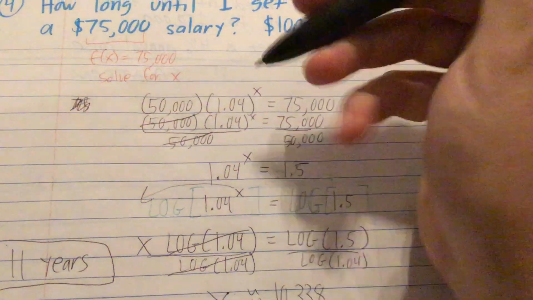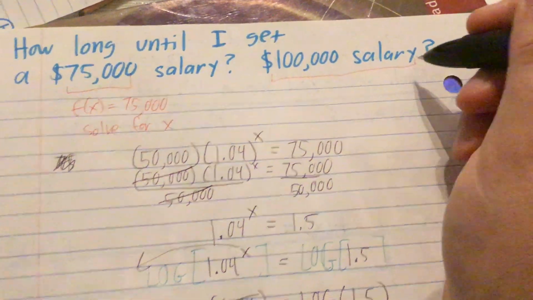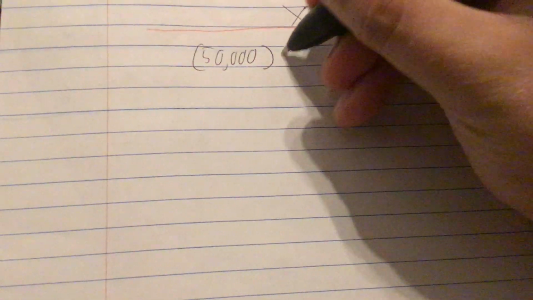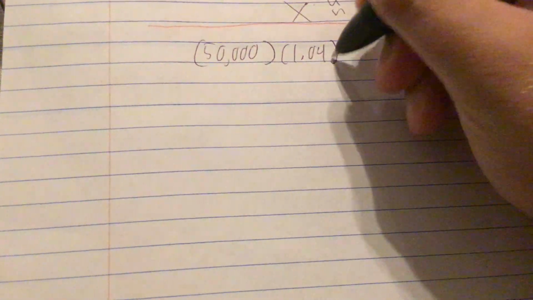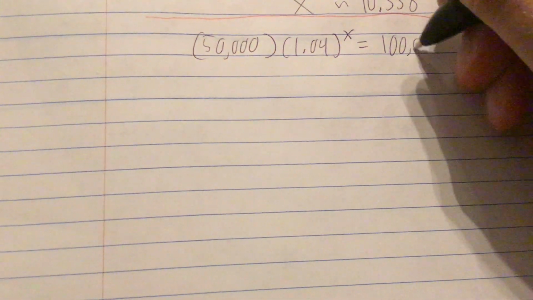And by that logic, let's figure out how long until I get $100,000, because I'm curious. If you stick around at the same old job. I'm going to put a little line right there just to separate them. So what you do yet again is you set $50,000 times 1.04 to the x power is equal to 100 grand.